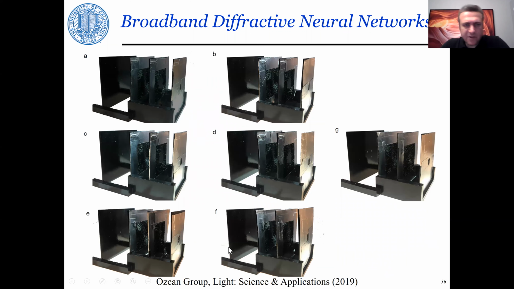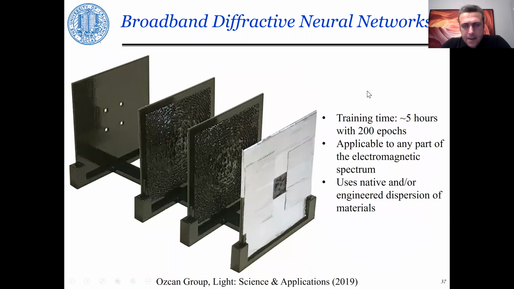We've tested this with several different 3D printed networks. This one, for example, is one of those where the input radiation here is channeled to 4 different apertures at the network output, each of which has a different passband.